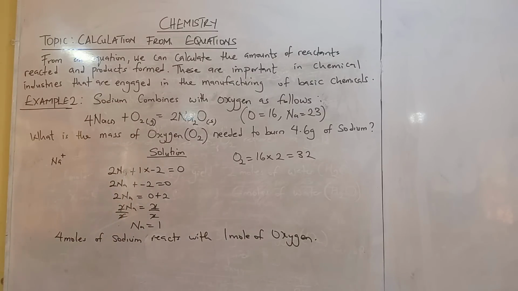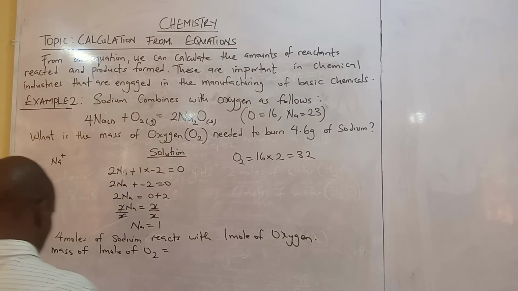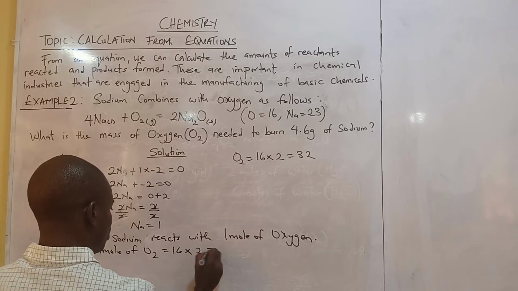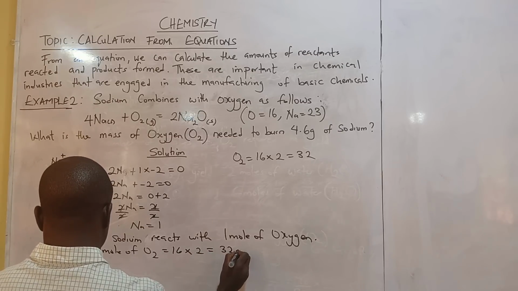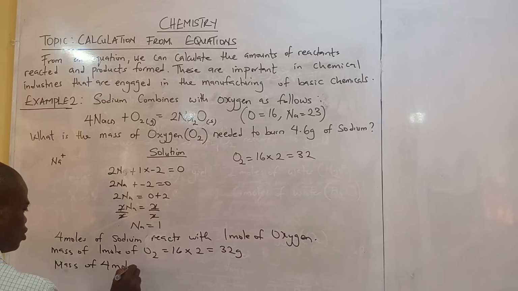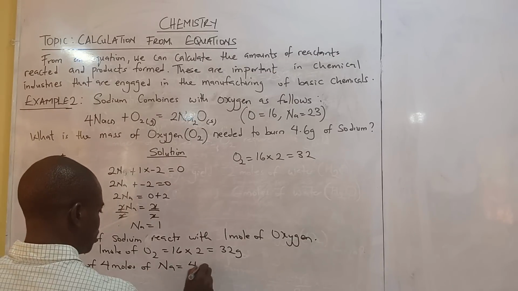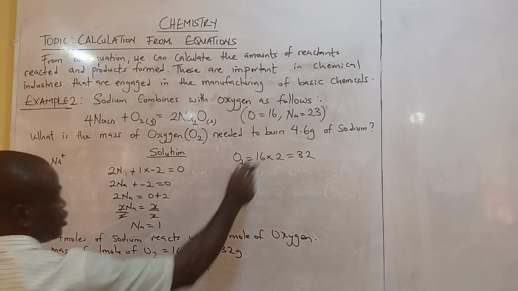Now let's see the mass of 1 mole of oxygen. Mass of 1 mole of oxygen is 16 times 2, which is 32 gram. Okay, mass of 4 moles of sodium equals 4 times 23.